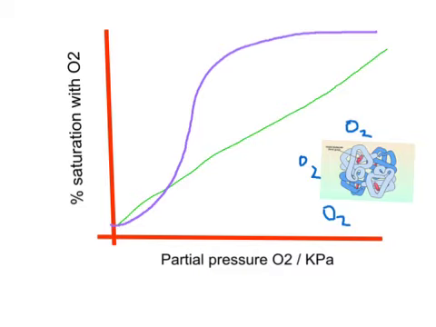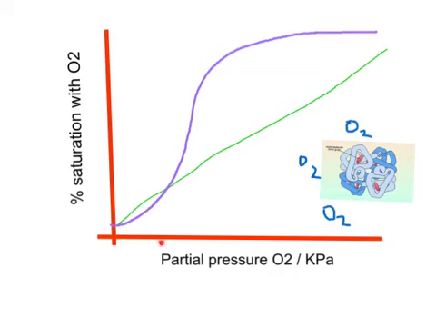Now, of course, if you increase the amount of oxygen outside and change the concentration, the bigger the difference in concentration, the faster molecules will flow down the concentration gradient. This is why the first few times you increase the partial pressure, not very much happens because it's difficult for the oxygen to bind.